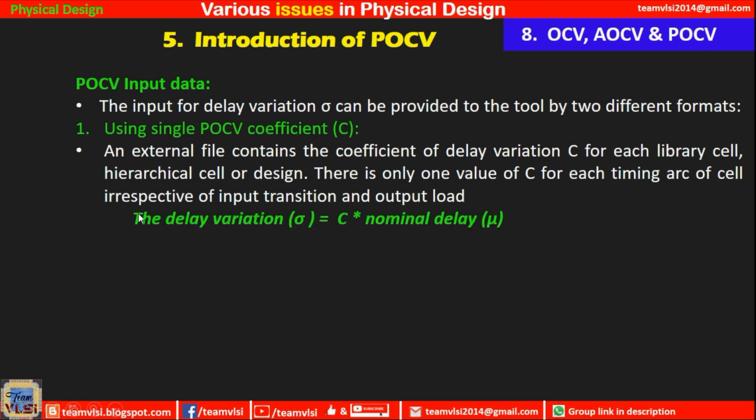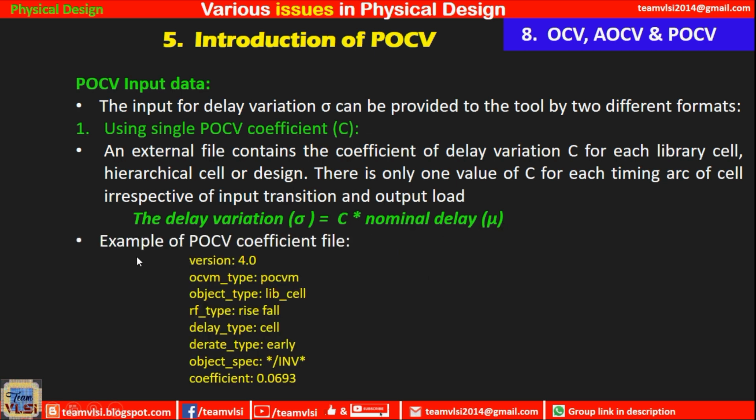The delay variation sigma would be C multiplied by the nominal delay mu. Here is an example of a POCV coefficient file.